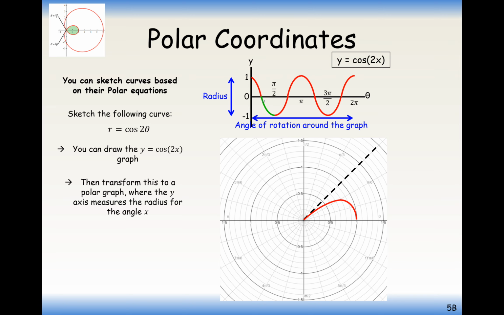The next section of the graph will be between 45 and 90 degrees, pi by 4 to pi by 2. I would expect it to appear in the second eighth of the graph up here, but because the radius is negative, we can tell the radius needs to be negative because it's on the bottom section of this graph here.